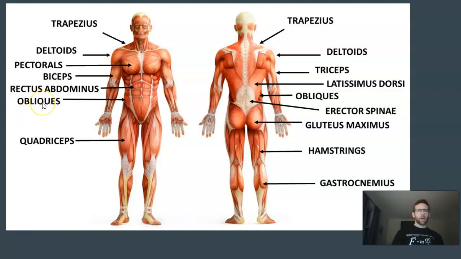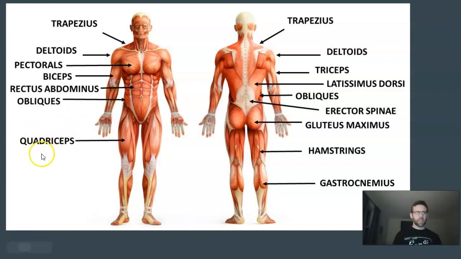Obliques kind of run at a diagonal, and when we talk about our core muscles, our abs and our obliques are common muscles that we are usually talking about when we talk about our core. You might remember that an oblique break in a bone runs at an angle, and that's very similar to what these muscles are doing on the side of our body.